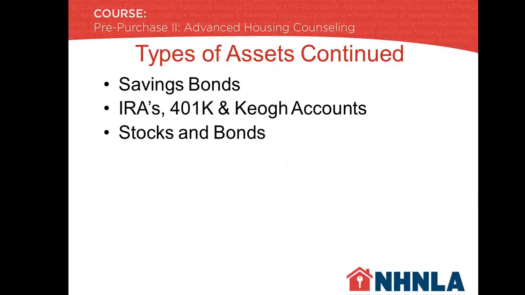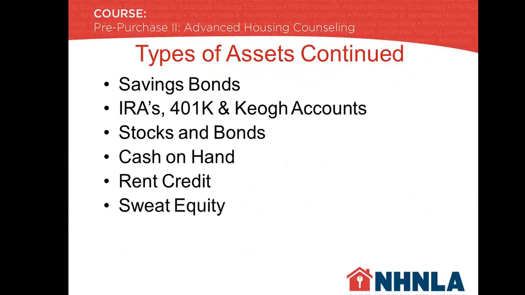The client might also use stocks and bonds, any cash on hand, rent credit, sweat equity, where the buyer does some construction work in exchange for actual cash, maybe commission from the sale. If the buyer or an immediate relative is the agent, they might also contribute their commission to be used for the purchase.